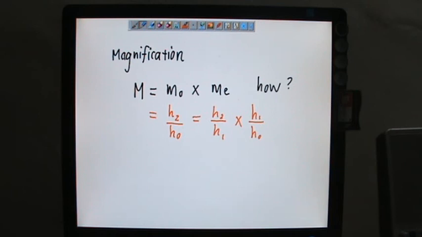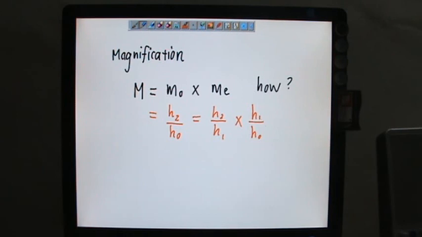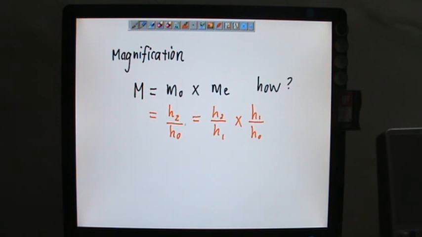If you look carefully, H2 over H1 is the magnification of the eyepiece lens. This one and this one. Then you have H1 over HO, which is here and here, and is the magnification of the objective lens.